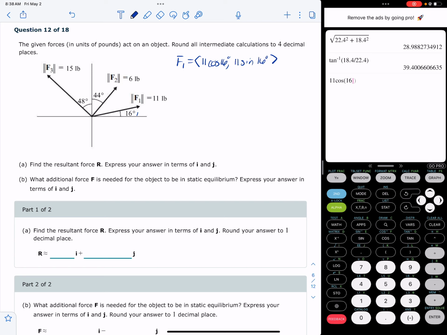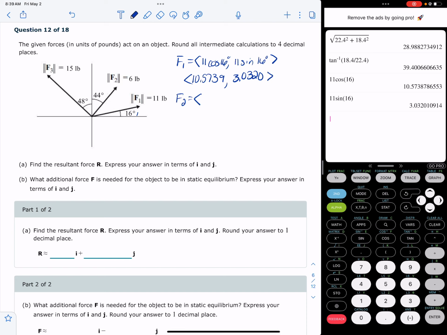Round all intermediate calculations to 4 decimals.